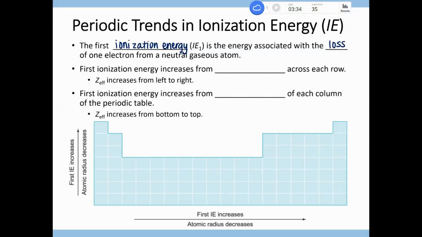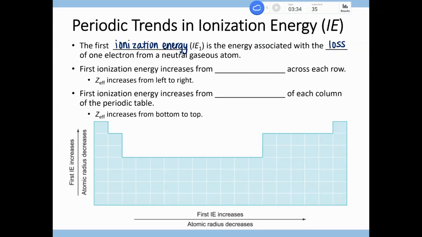Left to right, first ionization energy increases. Think about what we know when we go left to right. We have atoms with electrons in the same energy shell, but we're increasing the number of protons. That also means the atomic radius is decreased. So outermost electrons are closer to the nucleus. They are held more tightly to the nucleus. They feel a stronger pull to the nucleus, so it requires more energy to remove one.